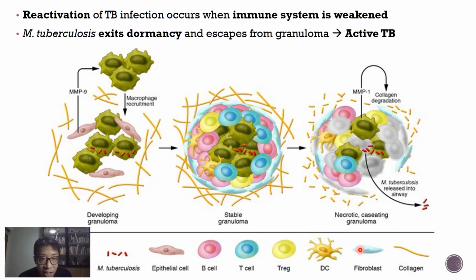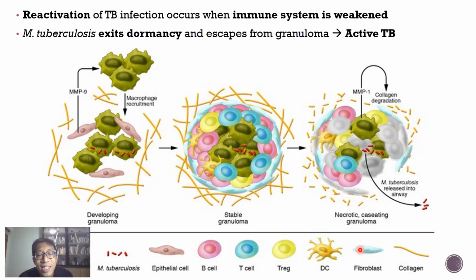That's when the bacteria can escape from the granuloma, and they will no longer be dormant. They will be reactivated again, spread to other parts of the lungs, replicate rapidly to overwhelm the weakened immune system, and spread to other organs, and also get transmitted to other people, because they can now be found in the respiratory droplets when the infected person sneezes or coughs.